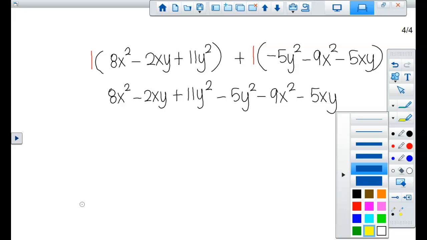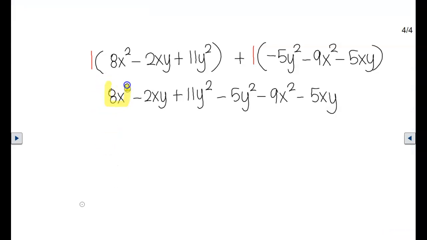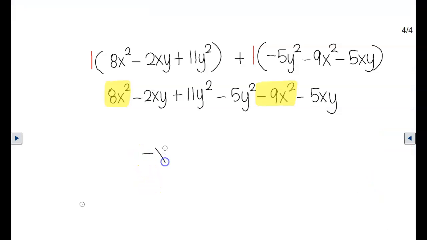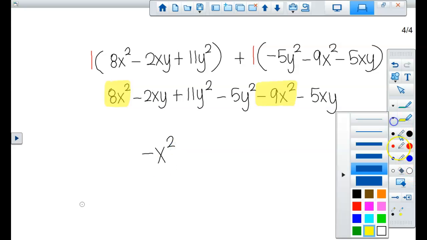All right, now that these are unwrapped, we are going to combine our like terms. So starting out at the beginning, we have 8x squared. So I'm looking for an x raised to the second power, which I have here. So let's combine those. 8 minus 9 makes negative 1 x squared. And you'll notice that I am choosing here not to write that 1 because he is not necessary.